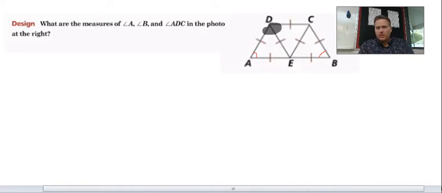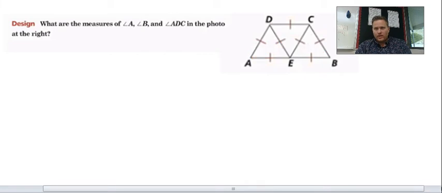Okay. So what I notice about all three of these is that I see that they have all the same sides. Remember, if they have all the same sides, then they are equilateral triangles. And I see all three of these are equilateral triangles.